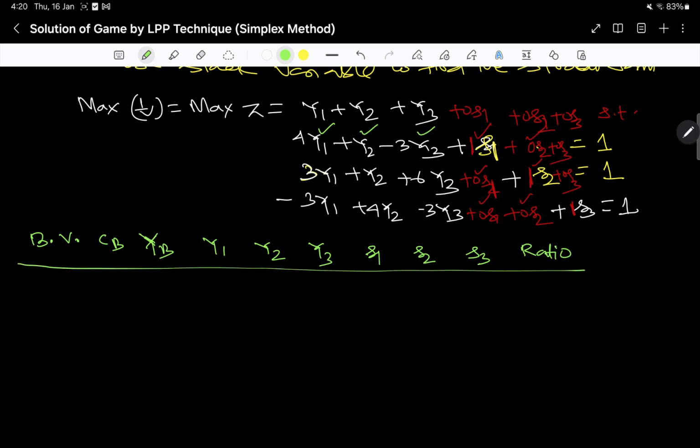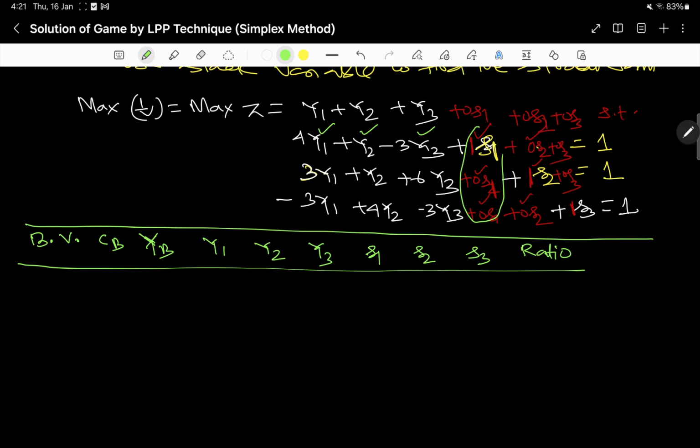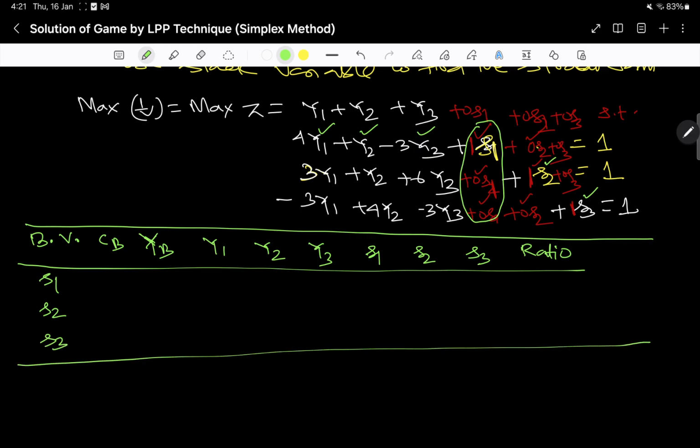Okay, so what are the basic variables here? As I have told you, the identity column, this is 1 0 0. So this is the identity column here, and this one, and this one. So the basic variables are initially s1, s2 and s3. And what is the objective coefficient?